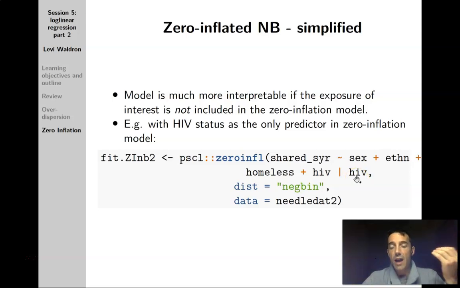Maybe they have access to new needles that other people in this population don't, and so there's an additional probability if they're taking part in that program that they never reuse a needle, or any number of reasons, but you could imagine justifying using HIV as a predictor for zero needle usage in a way that's outside of the regular count model as predicted by these other things.